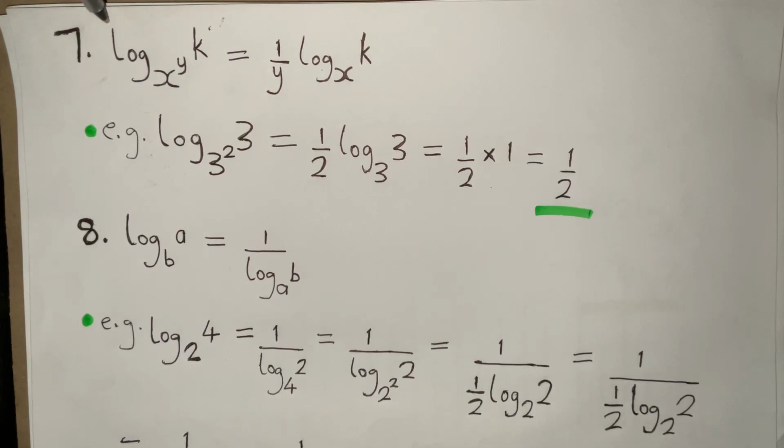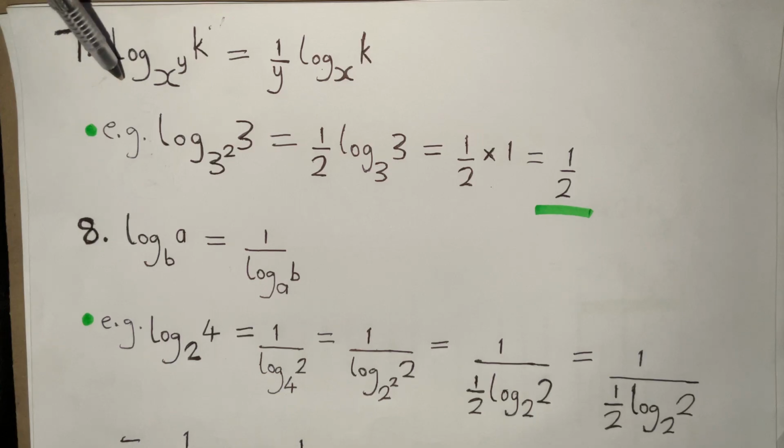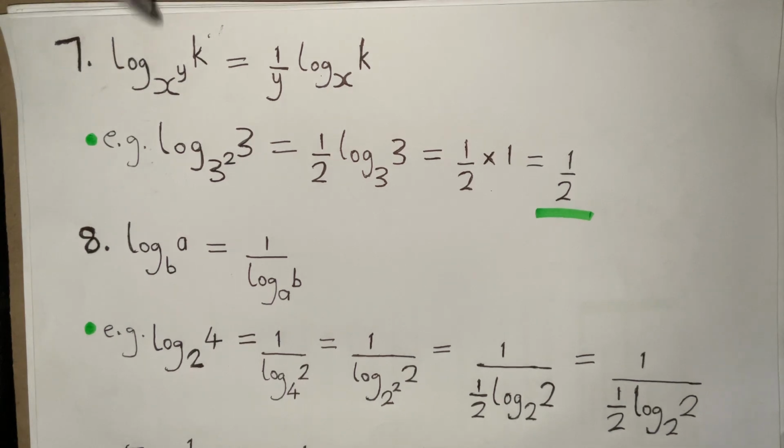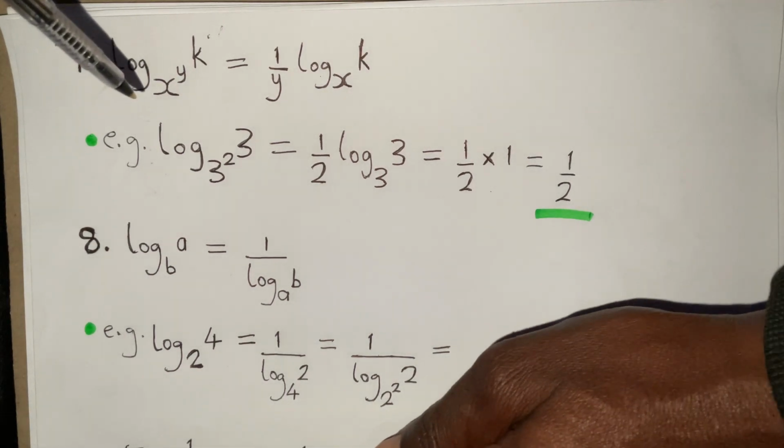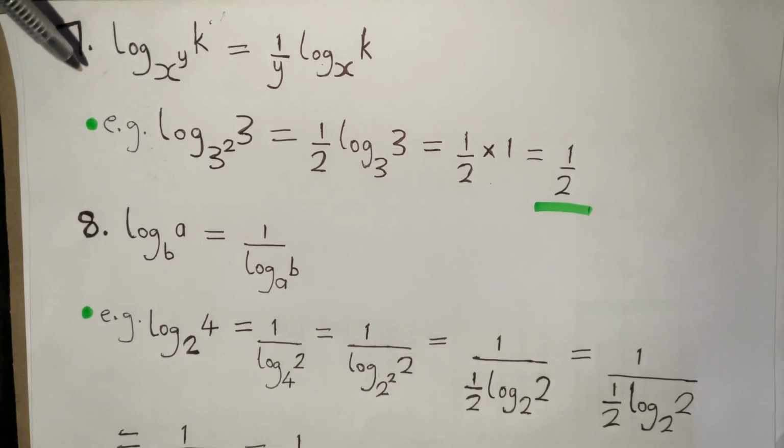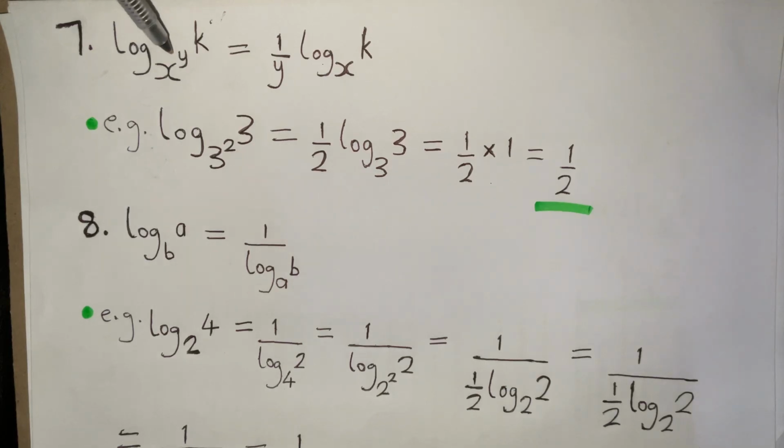Law number 7: log of k to base x to the power y. Here our power is on the base. This base x is raised to the power y.